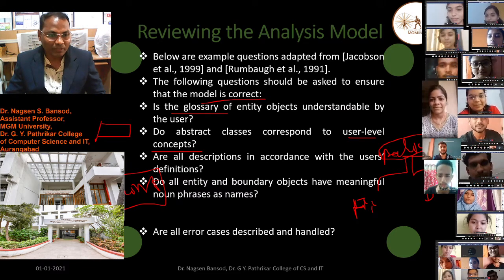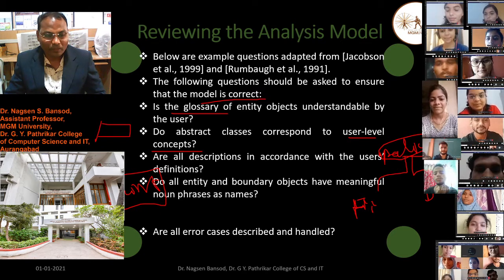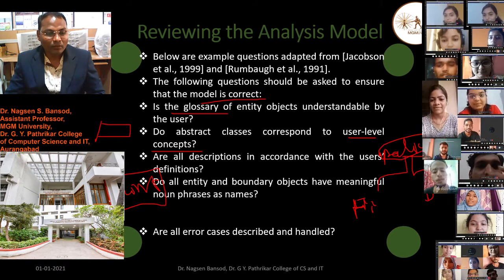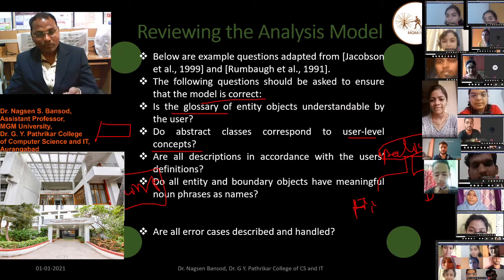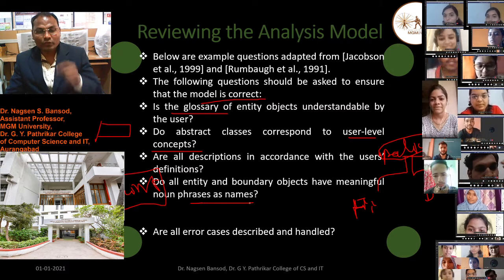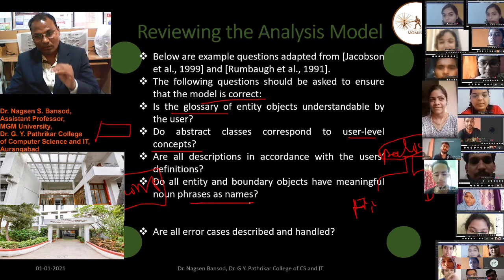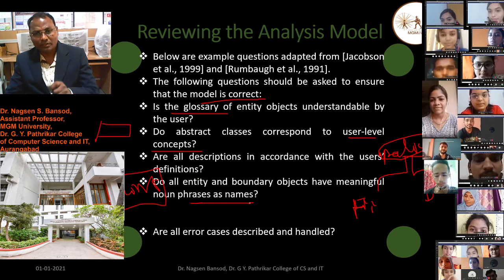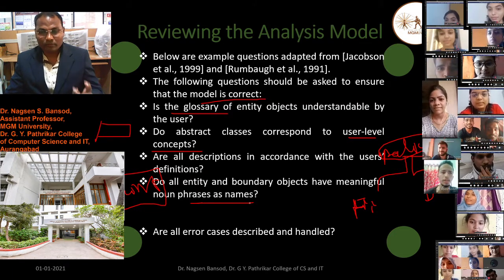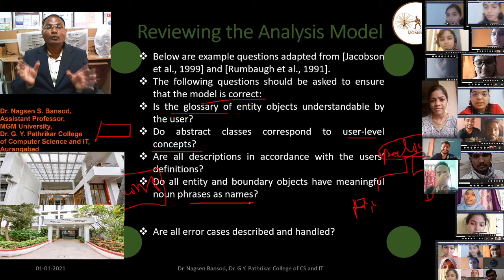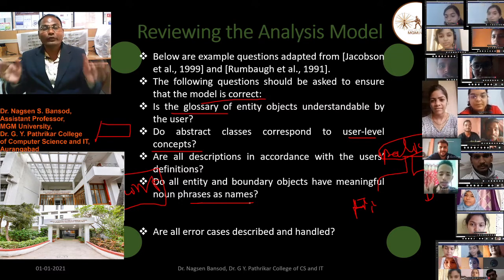Like, suppose print, we know this function is used in many places for the printout. Similar types of names we have to use as phrases according to the clients, according to the users' names. We have to use their noun phrases in the software development.